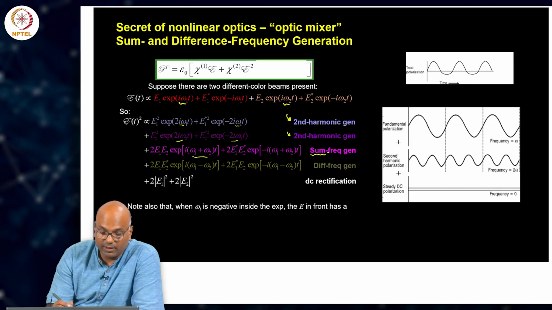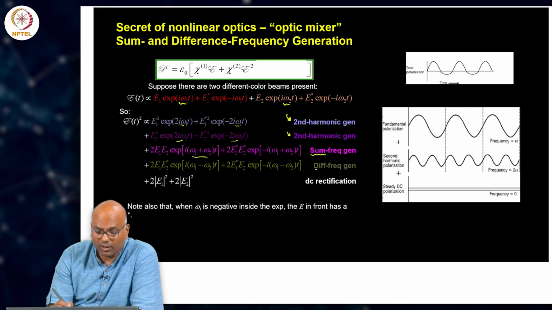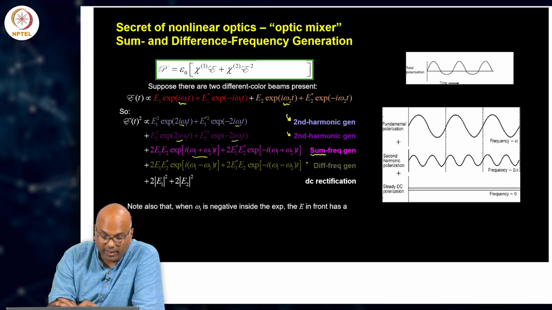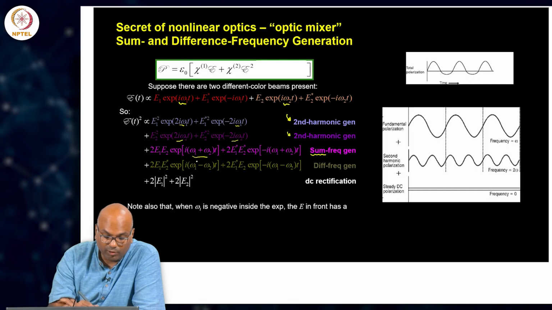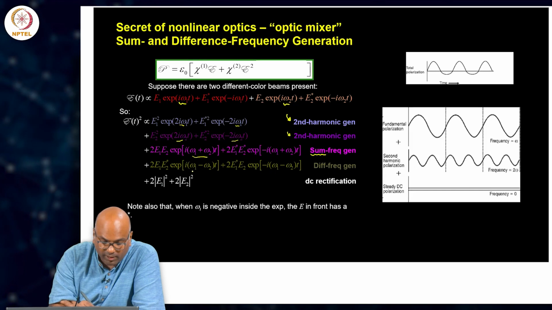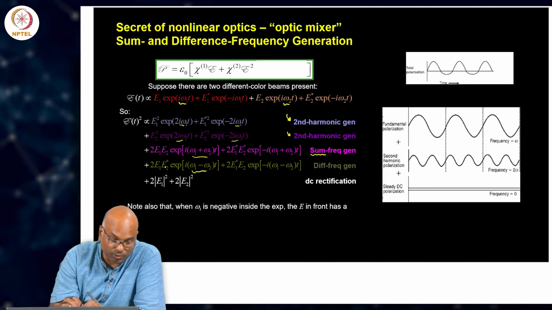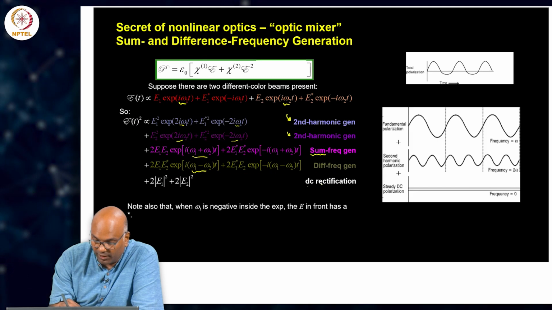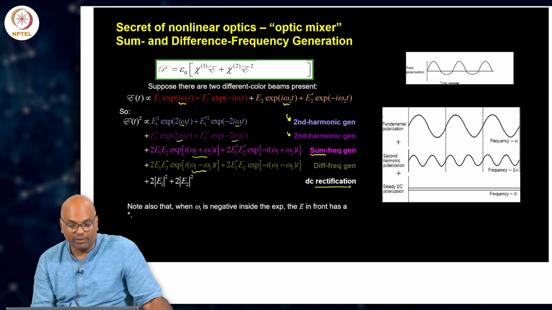When the two beams mixing in the medium are not composed of identical frequencies, as a consequence of doing the cross terms we get an omega 1 plus omega 2 term when we multiply the terms containing E 1 and E 2, and omega 1 minus omega 2 when we do the product of terms containing E 1 and E 2 star. And we of course get two DC terms. So, rectification also happens in the medium, and it does give rise to a measurable field.